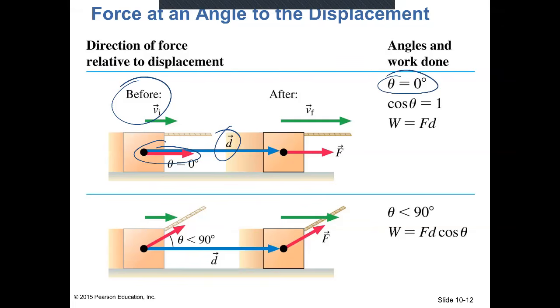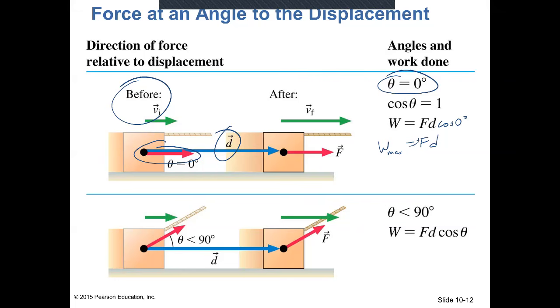And then work done equals F times displacement, so F D cosine of 0 degrees, you basically get F D because cosine of 0 degrees equals 1. So in a way you can think of this as the maximum positive work done. When you apply force in the direction of displacement, you transfer the maximum amount of energy. Well, what happens if your theta is less than 90 degrees?